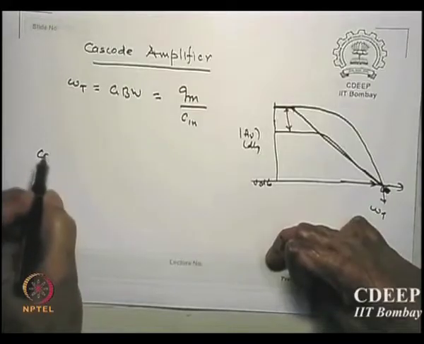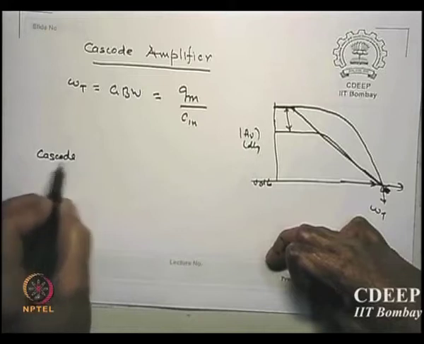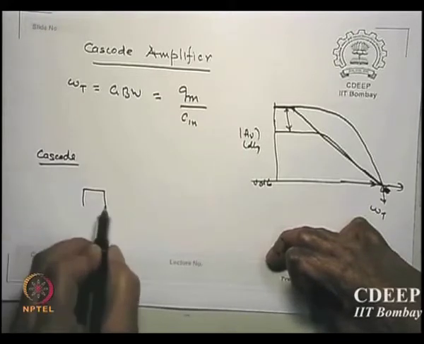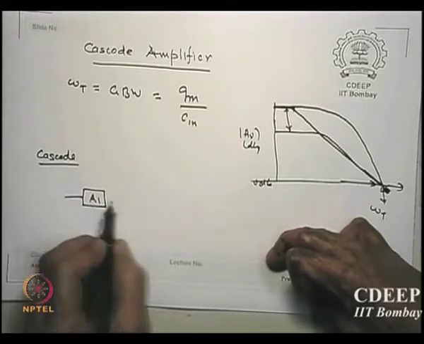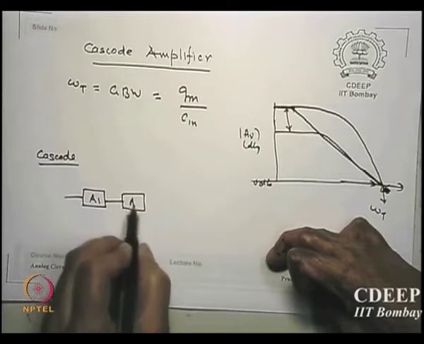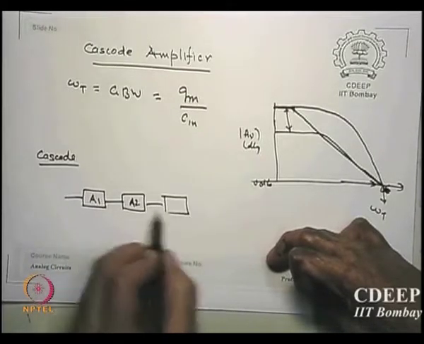Okay, what is cascade? I repeat, if someone says cascade, which we have to do but have not done, essentially A1, A2, A3.